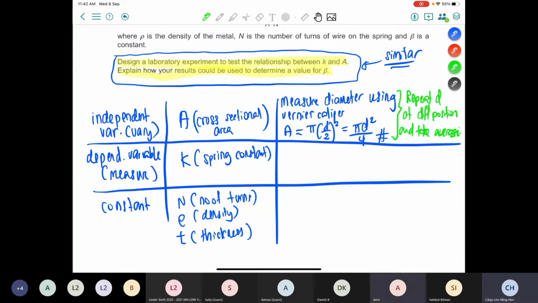Hooke's law. So use Hooke's law. How can I use Hooke's law again? Can you be more specific? Force is equal to k e. So this one is the load, the force, and this one is the extension.